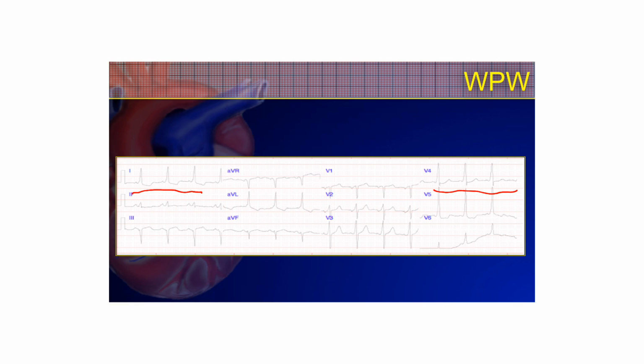And in V2, to me, this one is actually the most obvious, because that slurred upslope delta wave and the P wave goes right into the QRS complex. When the P wave goes right into the QRS complex, that's pre-excitation. There's almost nothing else that will cause that. Maybe a junctional rhythm, and again, LGL, which is another type of accessory pathway that can cause pre-excitation.